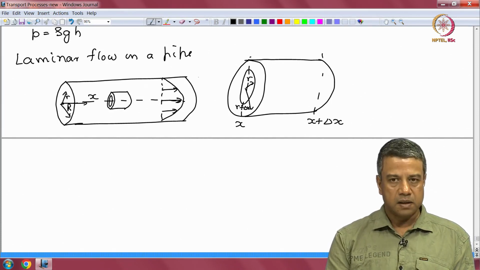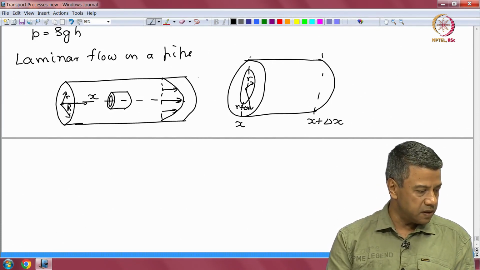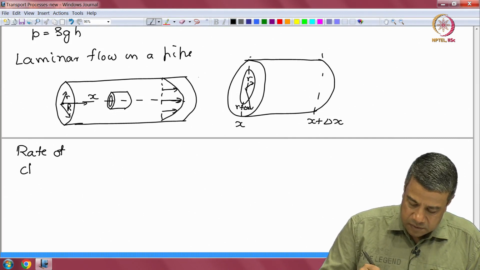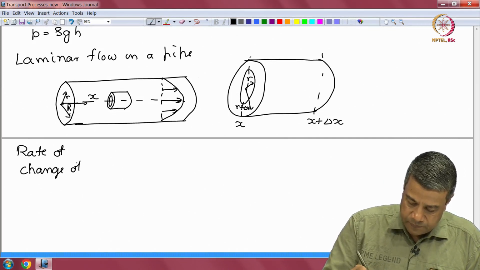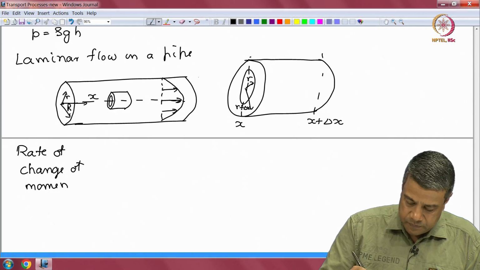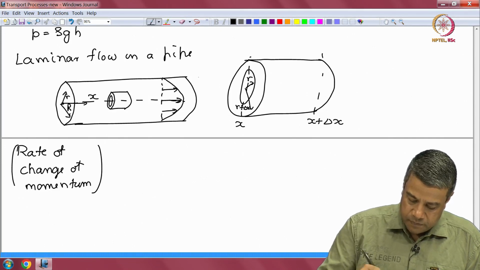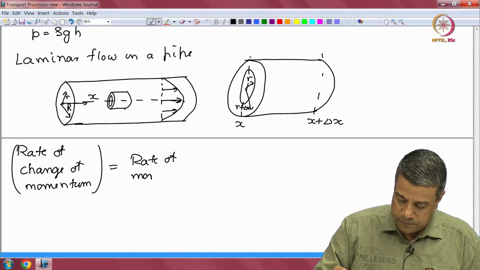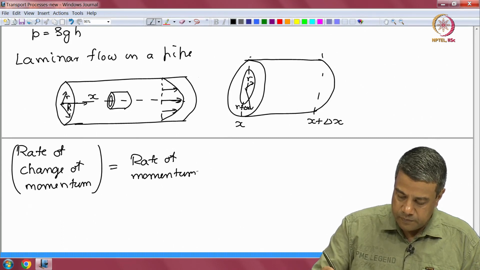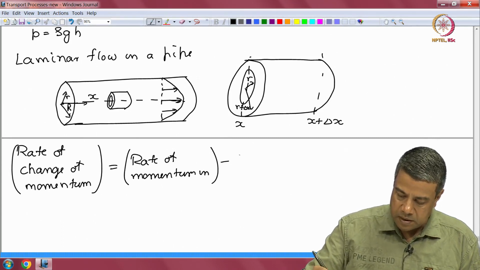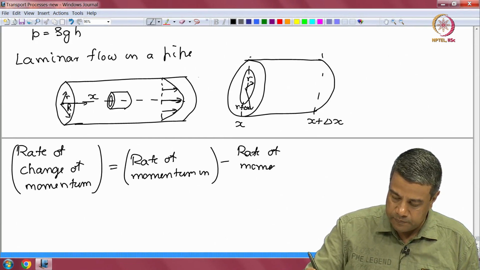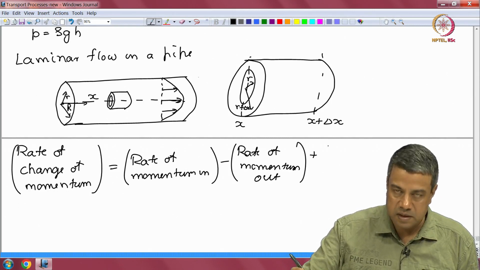The momentum conservation equation, if you recall, is rate of change of momentum is equal to rate of momentum in minus rate of momentum out plus sum of forces.